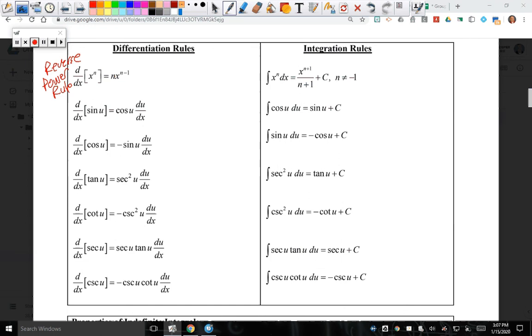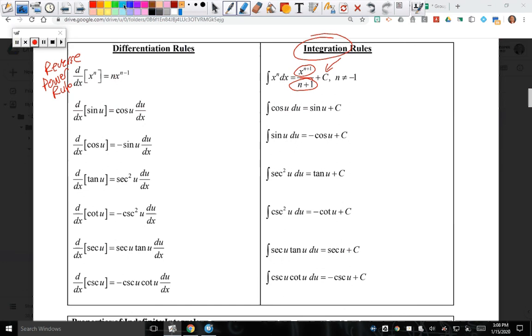This is the opposite now, the backwards, the antiderivative. We're going to add 1 to the power and then divide, not multiply, but divide by the new power. Then we're going to add this constant.